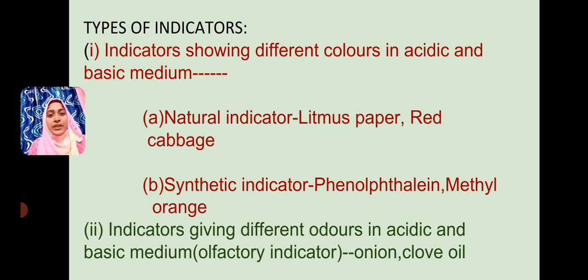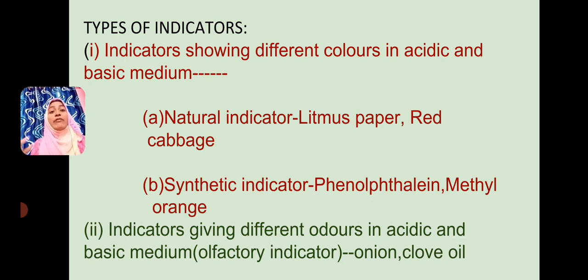For example, you might have seen the onion in your home. These are all olfactory indicators. They give an odor, some burning odor, if you inhale the air where the acid is present. If you take vinegar and smell it, you feel uneasiness.